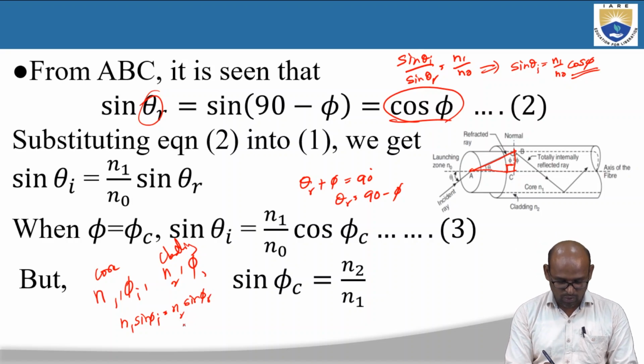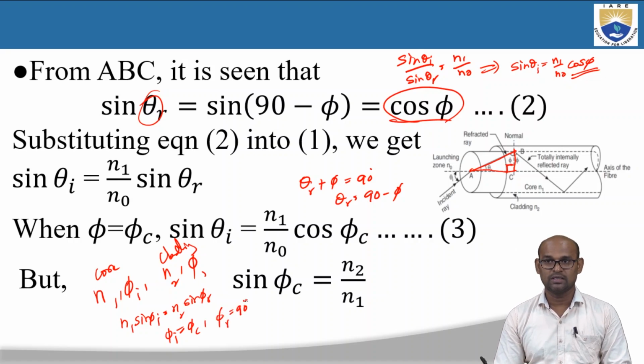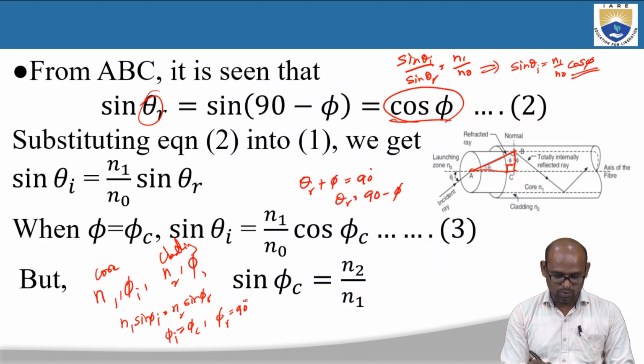Now I take the condition that phi i is equal to phi c. When phi i is equal to phi c, I know that phi r is 90 degrees, from the earlier discussion. Substituting, n1 sin phi c is equal to n2 sin phi r, and phi r is 90 degrees, so sin 90 is 1.